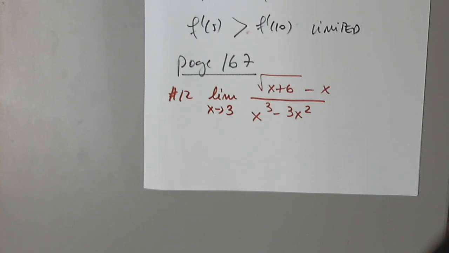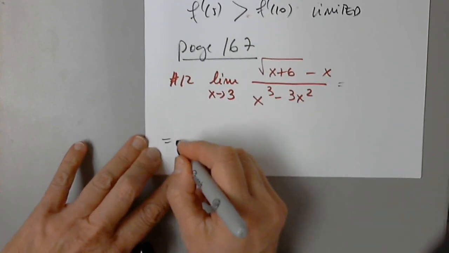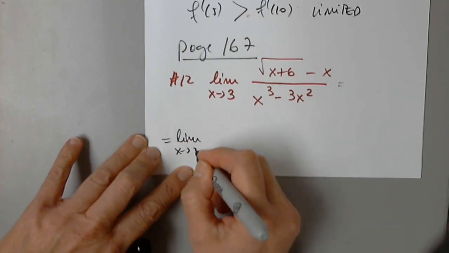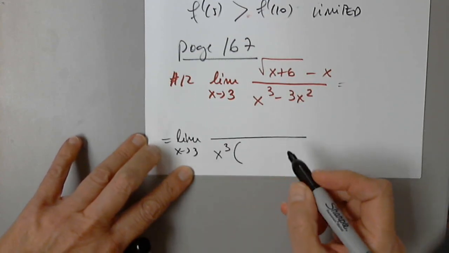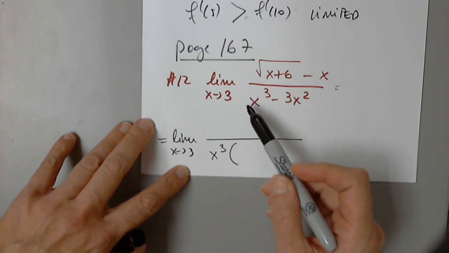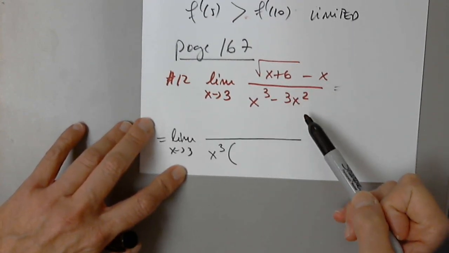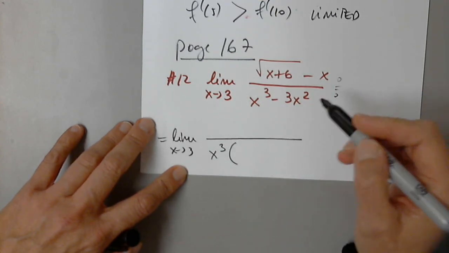Okay, ready? So first of all, I recommend factoring out x squared, x cubed in the denominator, of course. Although, actually, I jumped to conclusions too soon. When I plug in 3, I get 0 over 0 because of x minus 3.